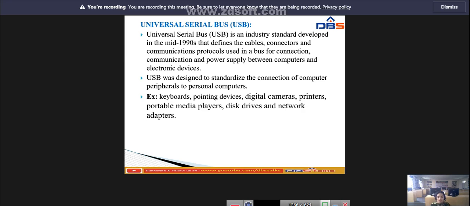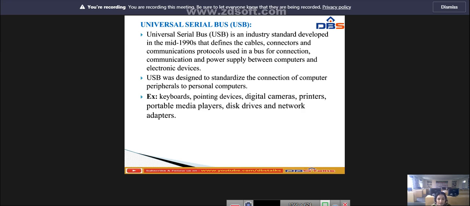USB was designed to standardize the connection of computer peripherals to personal computers, for example keyboards, digital cameras, printers, portable media players, disk drives and network adapters. USB has effectively replaced a variety of earlier interfaces such as serial and parallel ports as well as separate power chargers for portable devices.